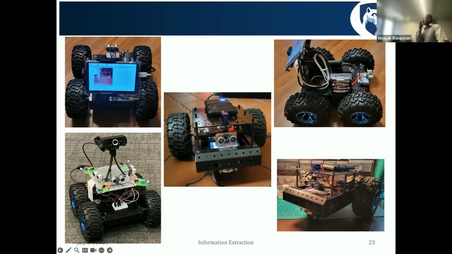We didn't buy this one, we developed it on our own. We have this body chassis, and we added all the relevant sensors so that it can function. You see, you have this ultrasound sensor, and there are a couple of cameras.